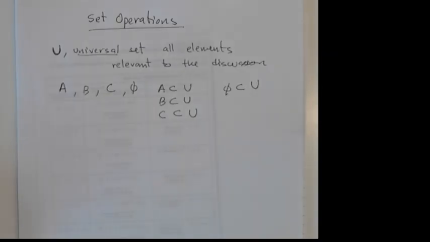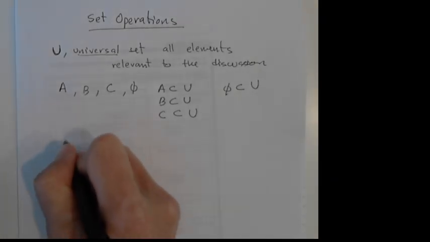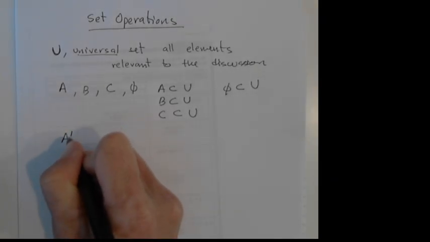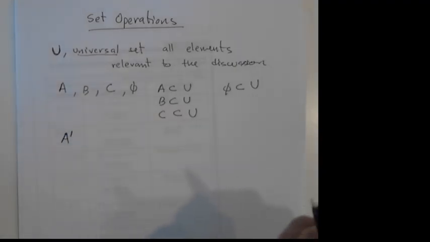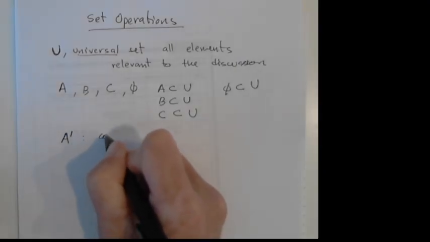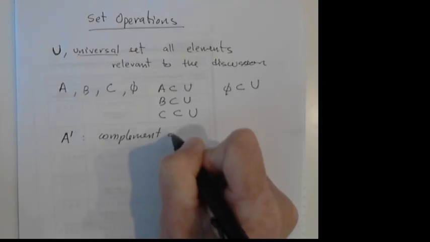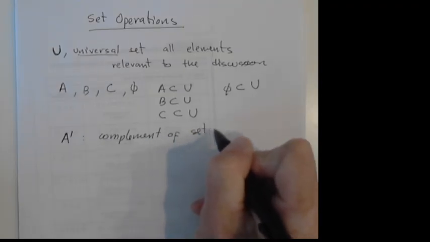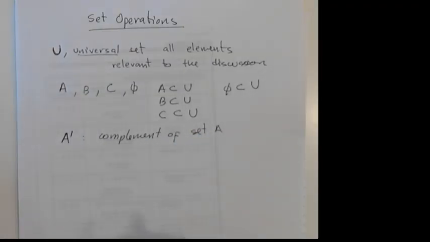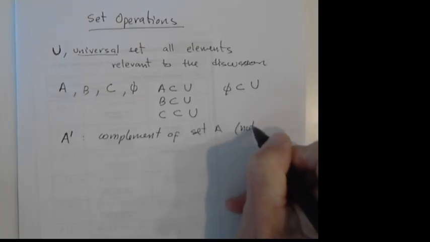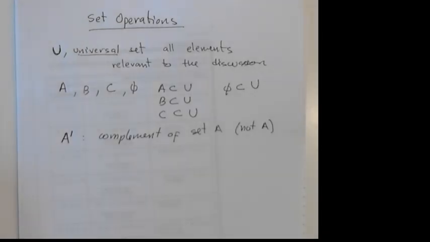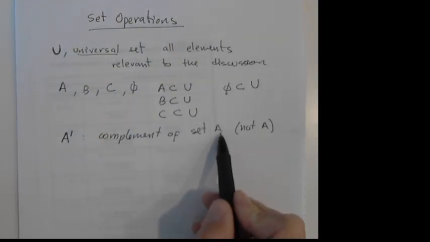Then we have the definition of complement of set A. You put a bar over it, and that means complement of set A. I like to call it not A. What is the complement of set A?